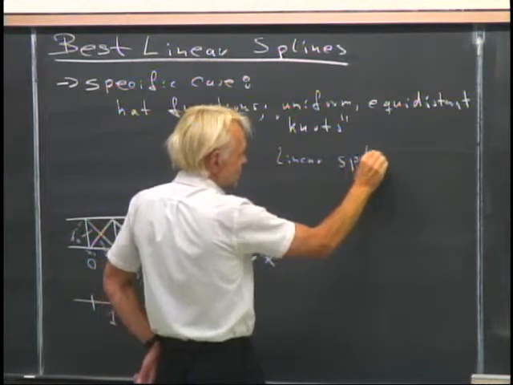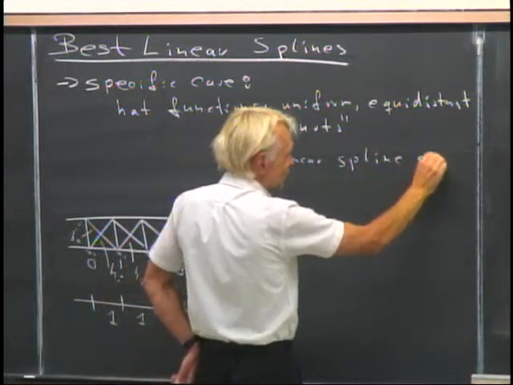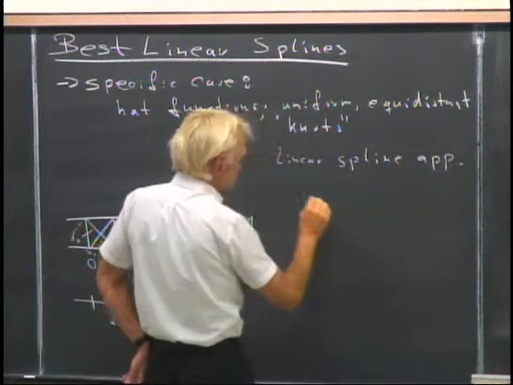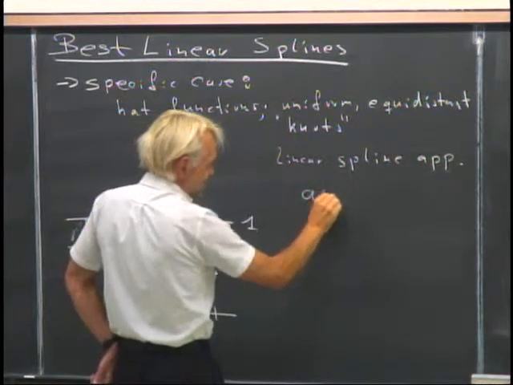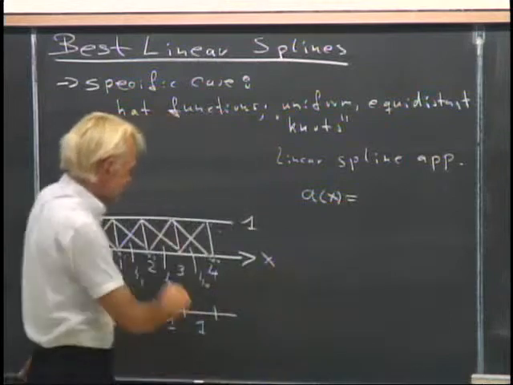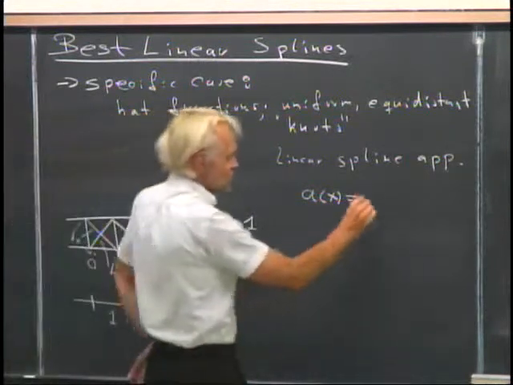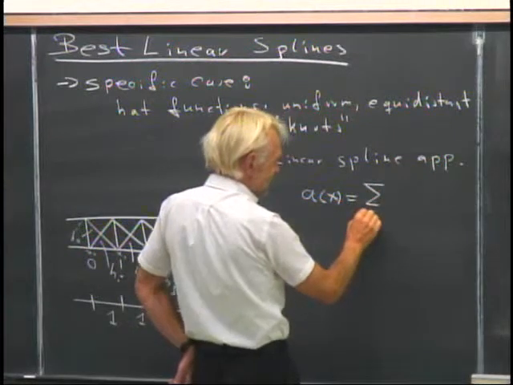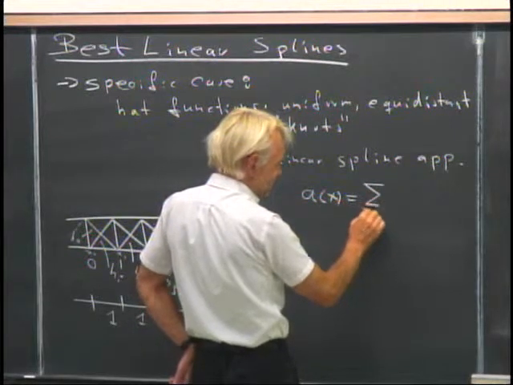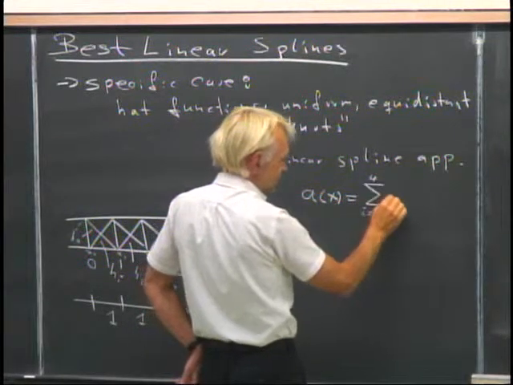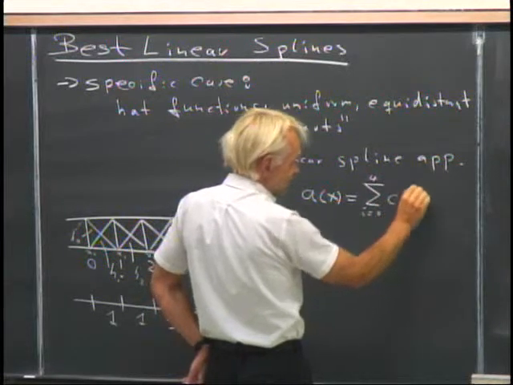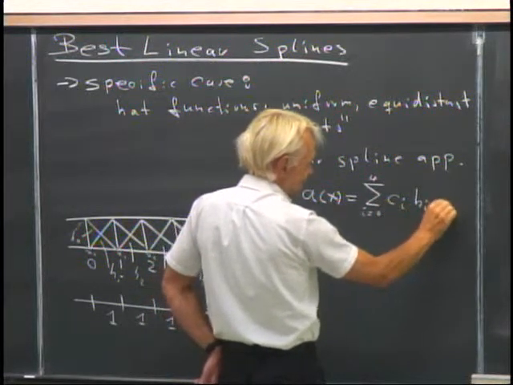The linear spline approximation, A of x, A for approximation, is just a linear combination of these hat functions. So it is a sum of 5 functions, i from 0 to 4, 5 in total, c_i times the hat functions h_i of x.